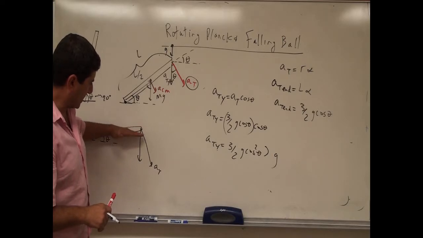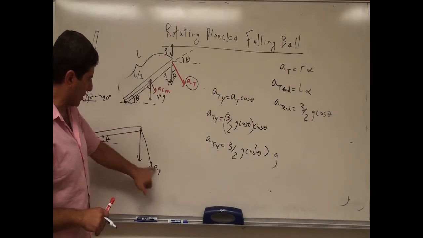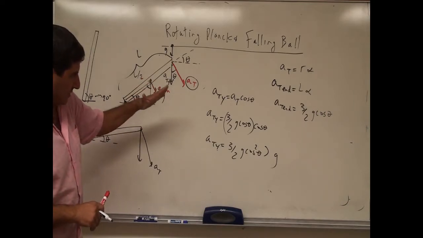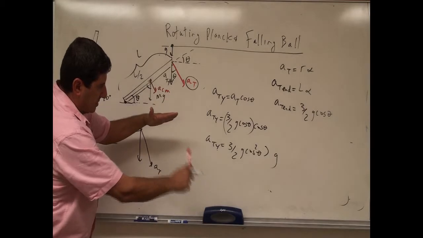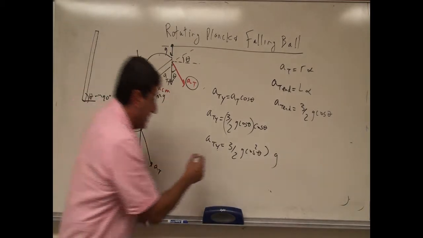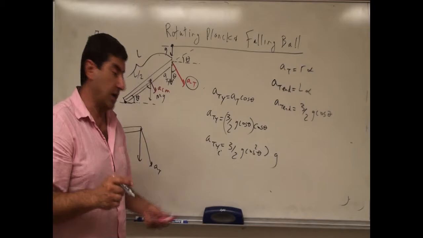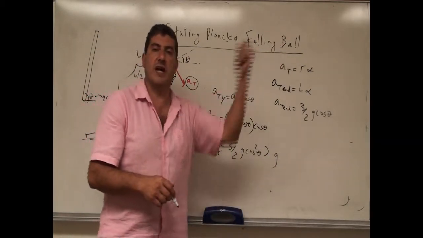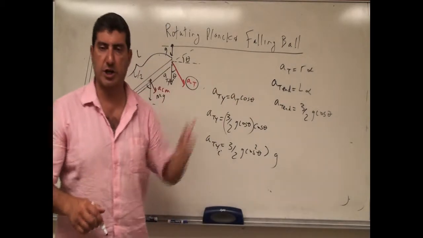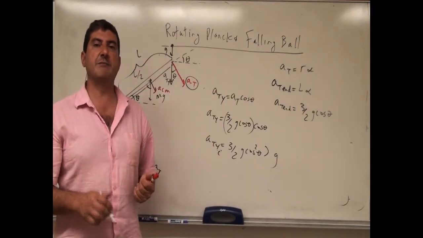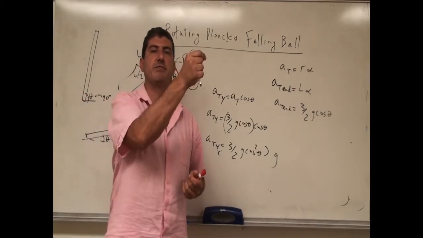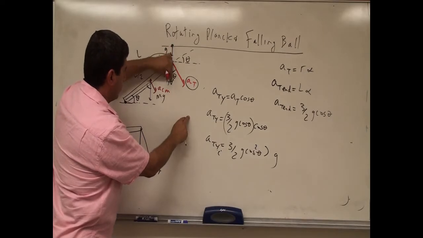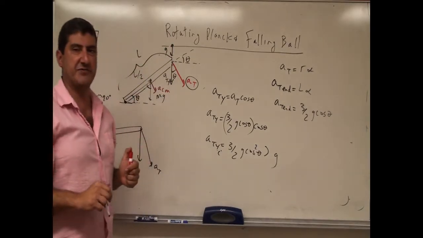It's going to keep going down, down, down. That means A tangential is getting larger, A tangential y is getting larger as the thing is swinging. So if the initial value of the y component is larger than g, then I know all subsequent values of A tangential y will also be larger than g. That means the ball will always trail behind the plank, and then the plank will fall quickly, and the ball is going to come and nicely land on the cup.